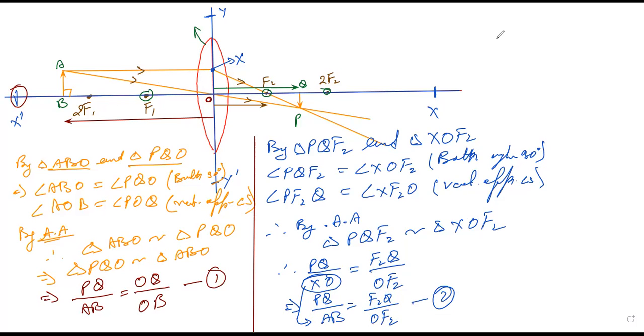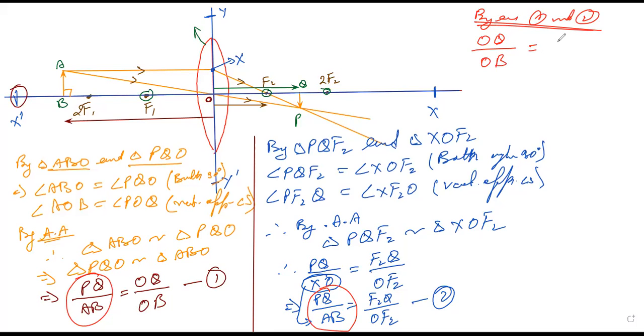अब देखो यहाँ पर equation 1 और equation 2 में तुमको एक similarity मिल जाएगी. In equation 1 you have PQ by AB, and in equation 2 you also have PQ by AB. So by equation 1 and 2, if we go for both the equations, we can write it like this: OQ by OB is equal to F2Q by OF2.